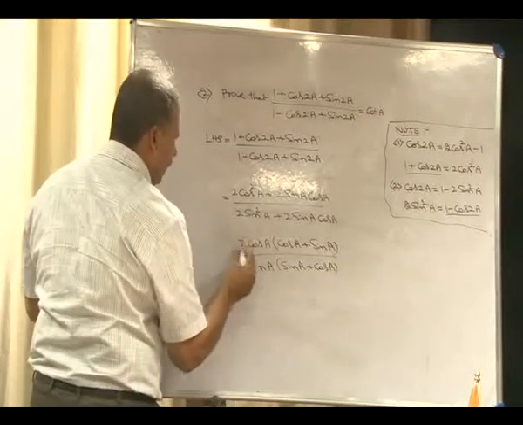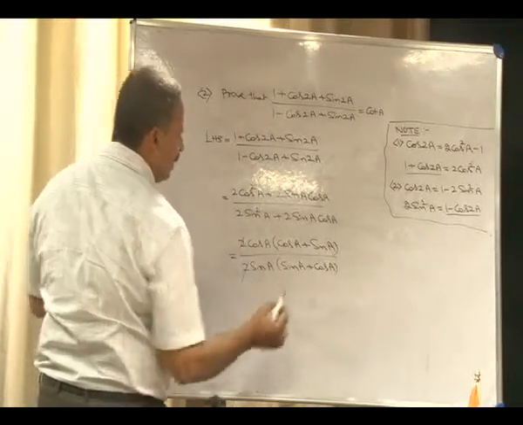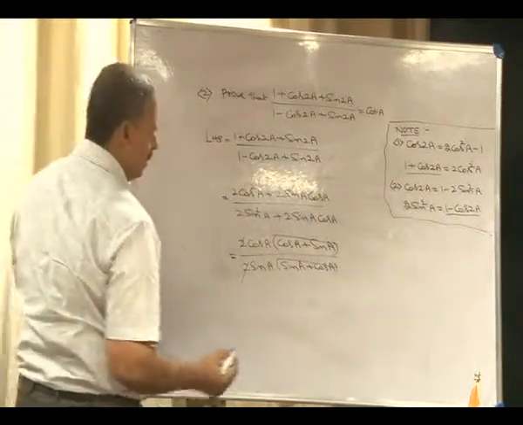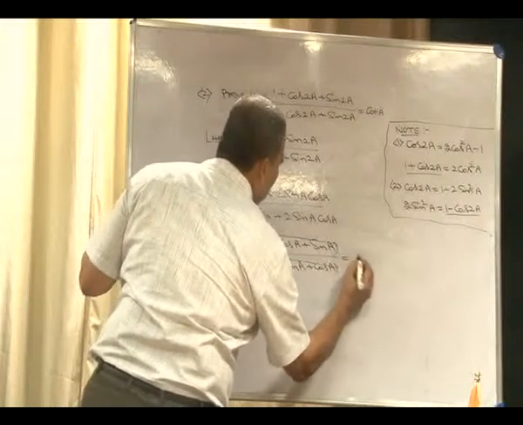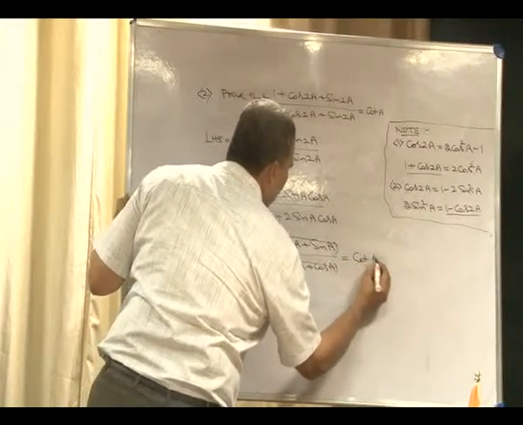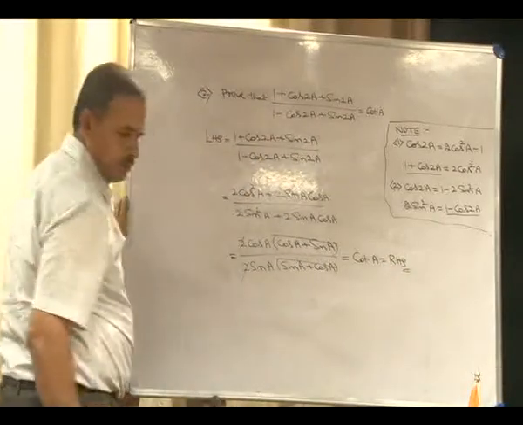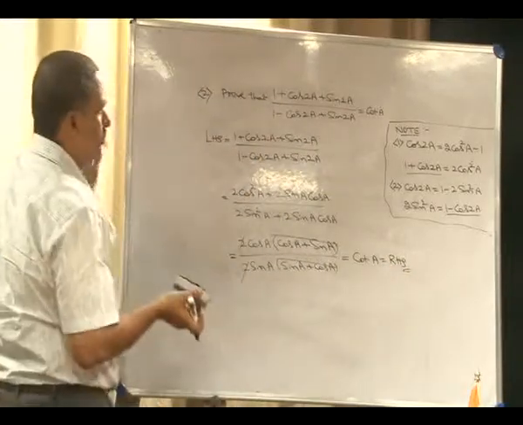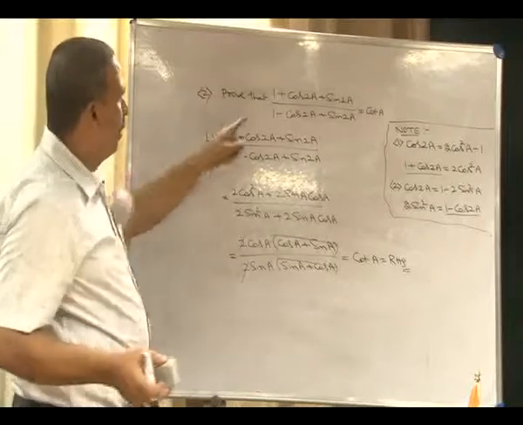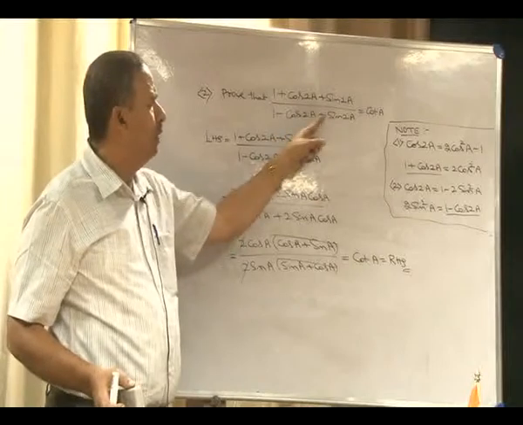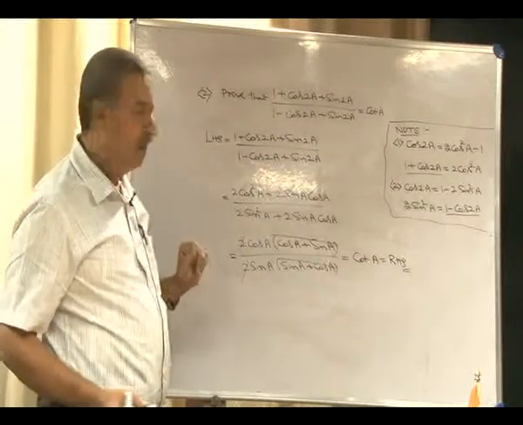Both numerator and denominator have cos a plus sin a, cancel it. Cos by sin is cot a, that is equal to RHS. Here in this problem, 1 plus cos 2a plus sin 2a by 1 minus cos 2a plus sin 2a is cot a, that is proved.